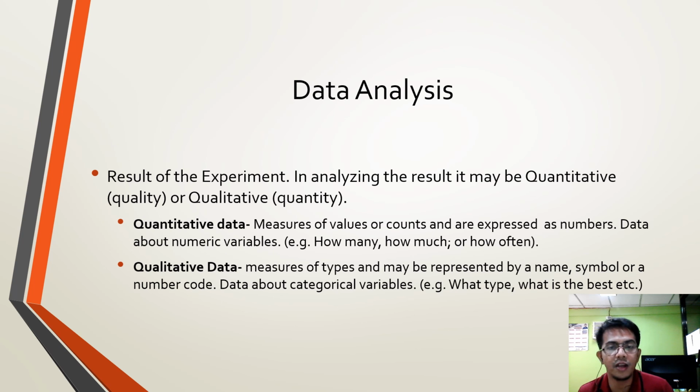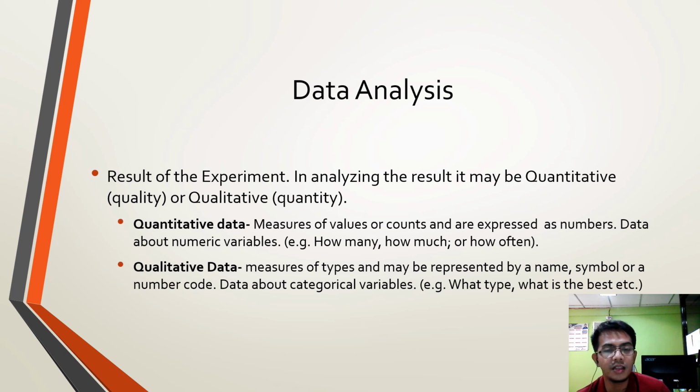Okay, now we are at the data analysis, or the collection and analysis of the results. In analyzing the results of the experiment, the data may be quantitative or qualitative.